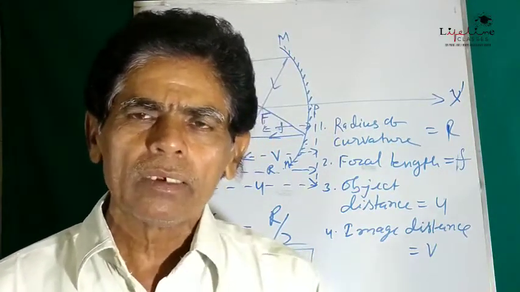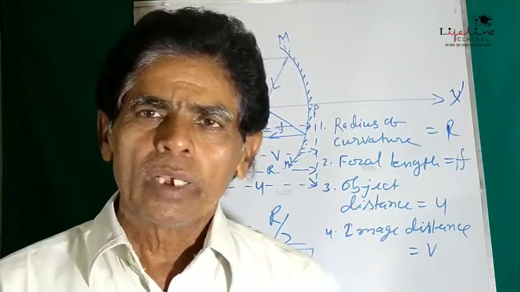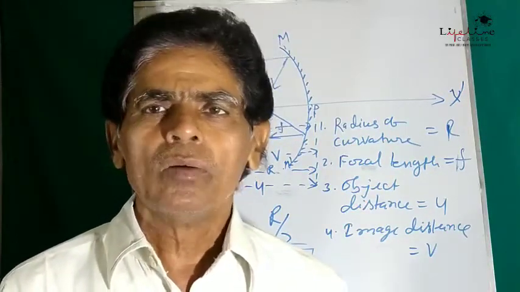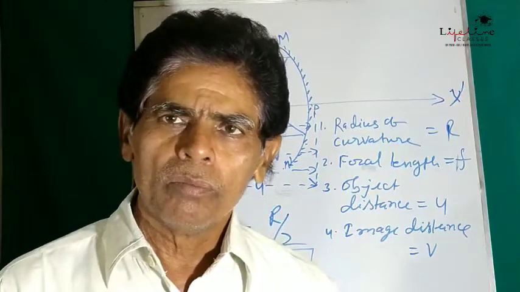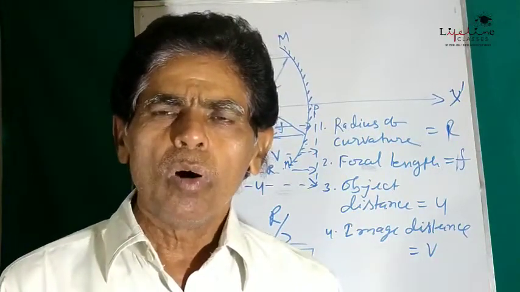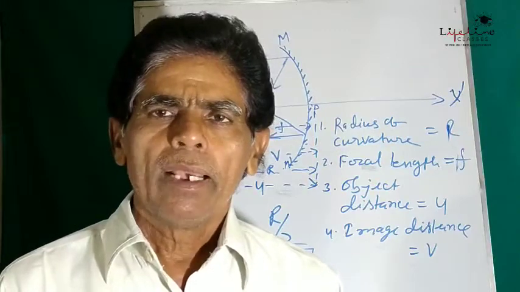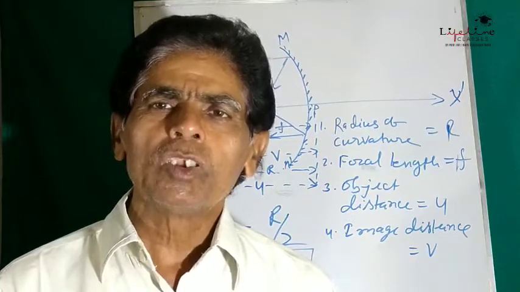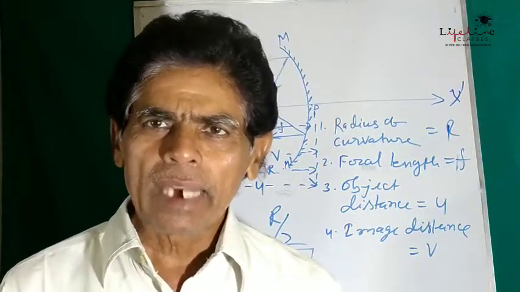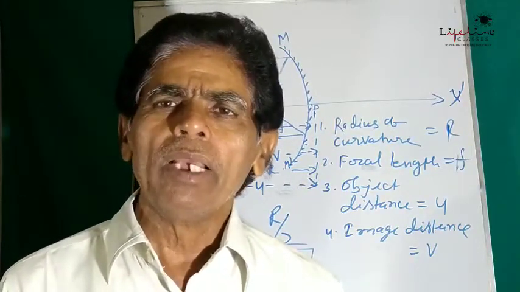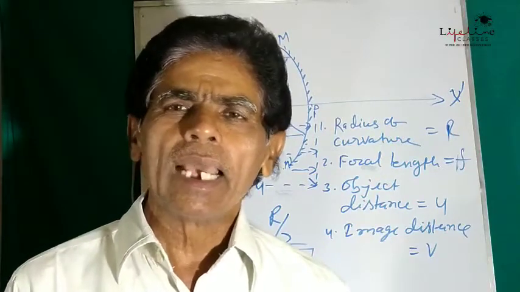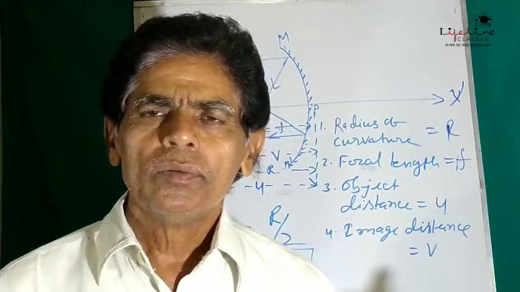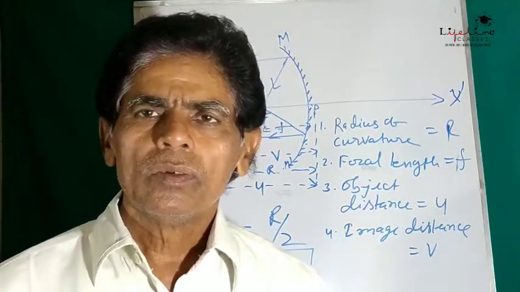So the oblique incident ray gets reflected obliquely. Considering any two of these four situations at a time, we will be able to draw the ray diagrams which have to be studied in this chapter.